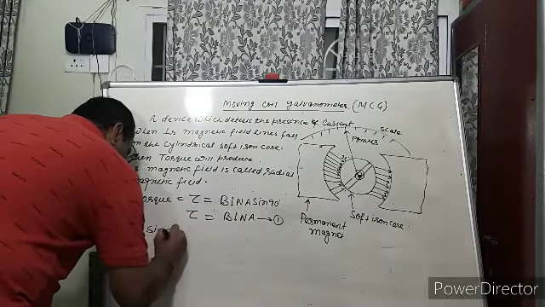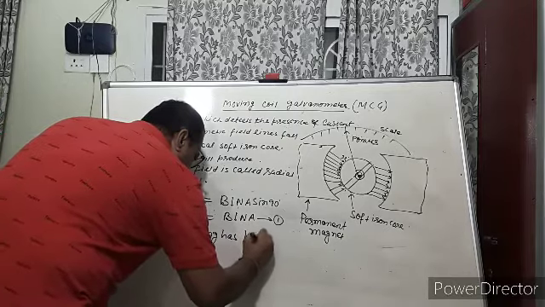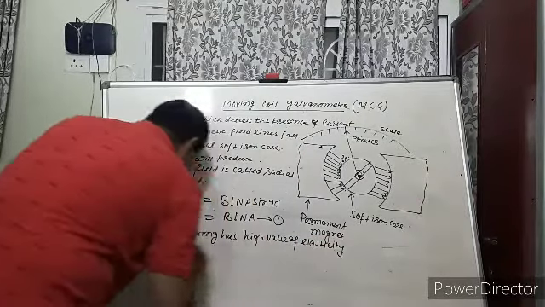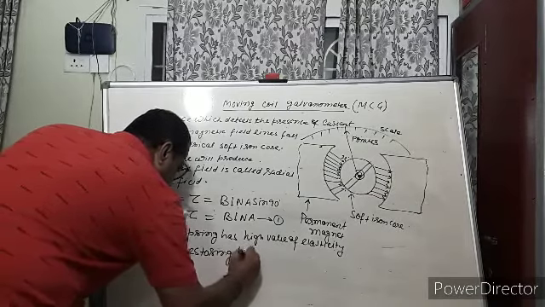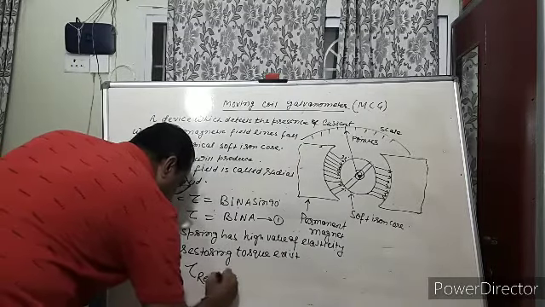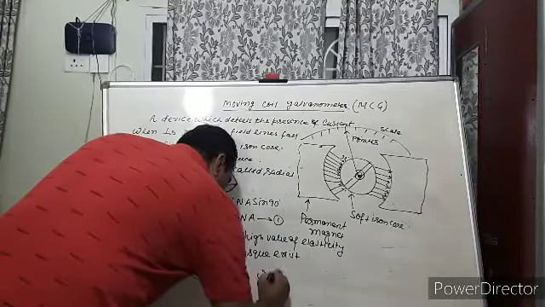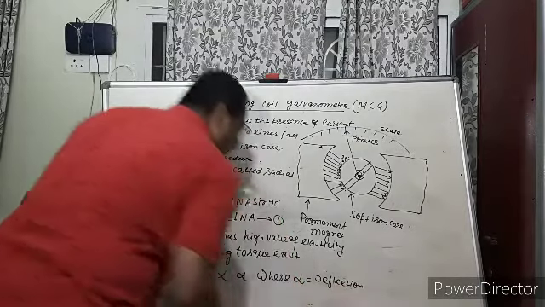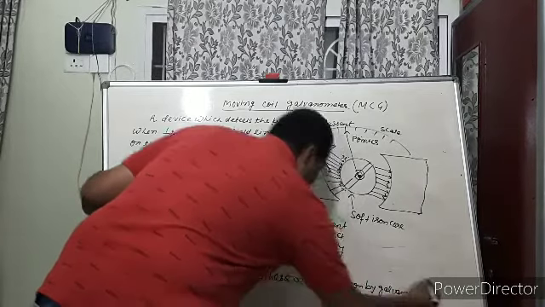The restoring torque is directly proportional to alpha, where alpha is the deflection by the galvanometer. This is alpha.